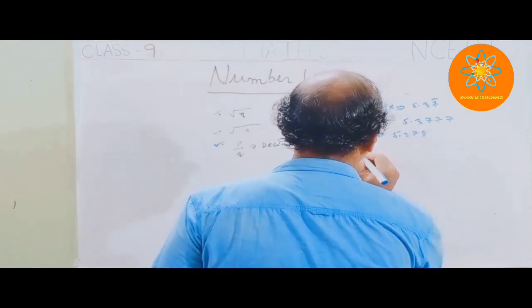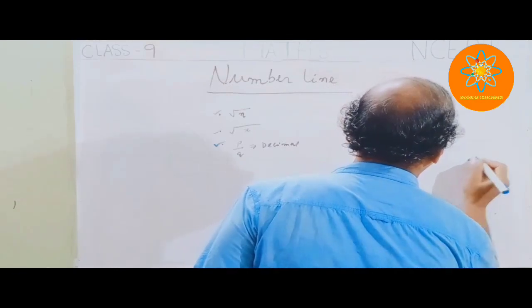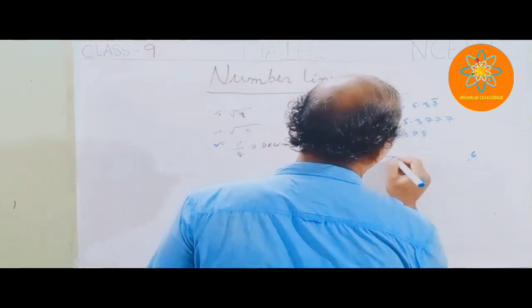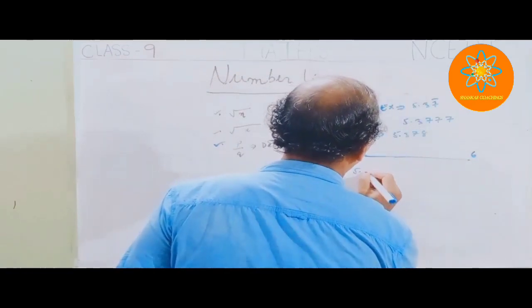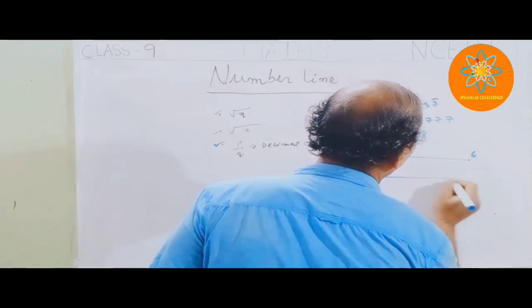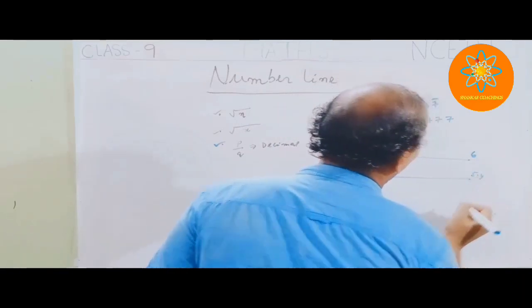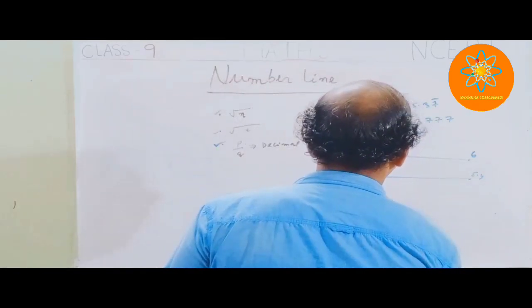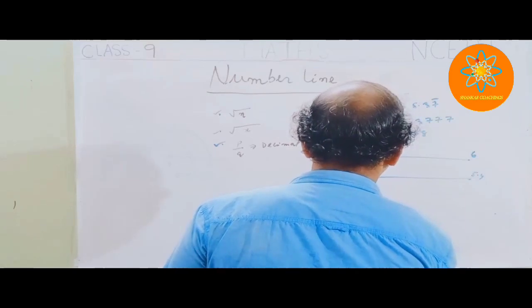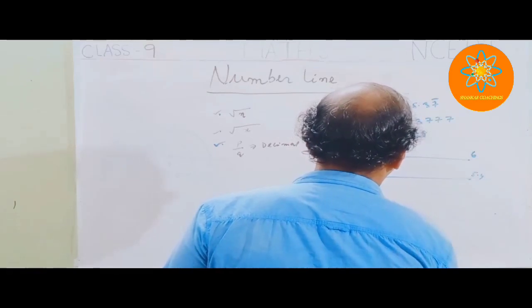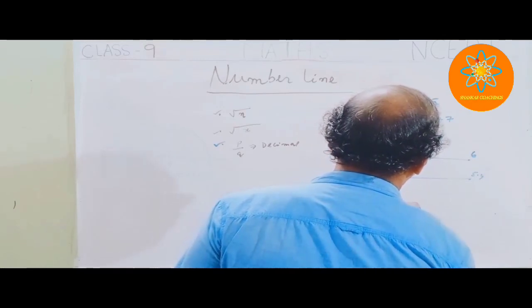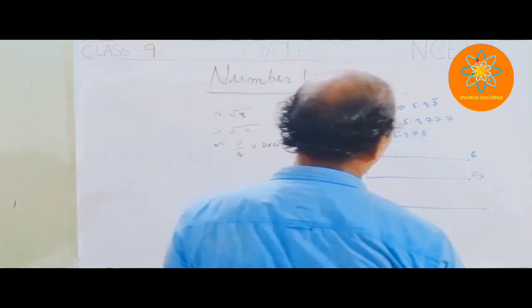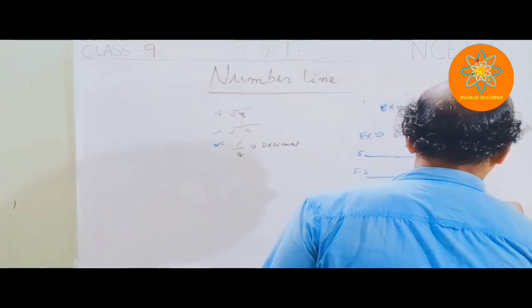First of all, I will take here 5 and at this point I will take the 6. Then I will take the next one, 5.3, and then the next one is 5.4. Then the next one is 5.37 and here it is 5.38.